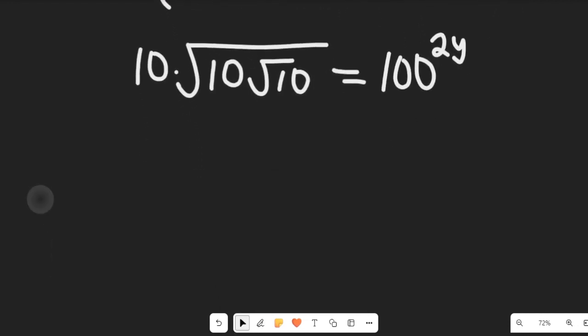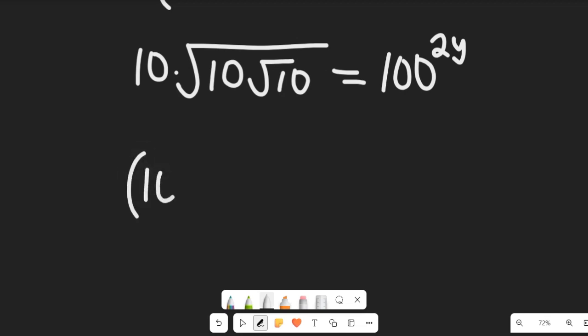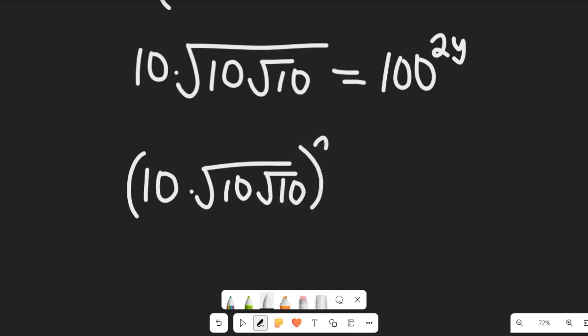Now let's go ahead and square both sides again. If we square both sides, we're going to have 10 multiplied by the square root of 10 multiplied by the square root of 10, all squared, equal to 100 to the power of 2y, all squared.